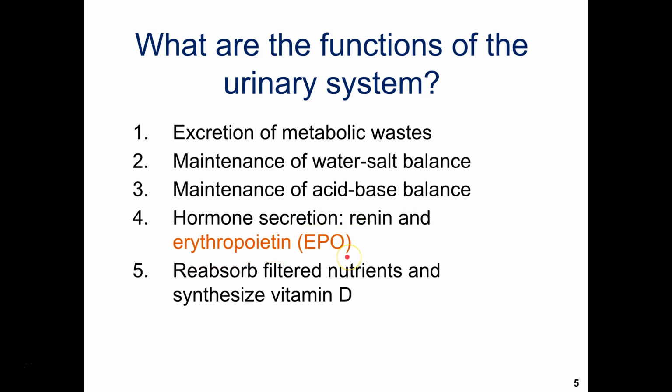And then EPO, or erythropoietin, which we talked about in the last section, which helps you control the amount of blood in your body. Remember, blood doping involved injecting this EPO. And it helps you reabsorb potentially filtered out nutrients and helps you make vitamin D. So those are all the various functions of the urinary system.